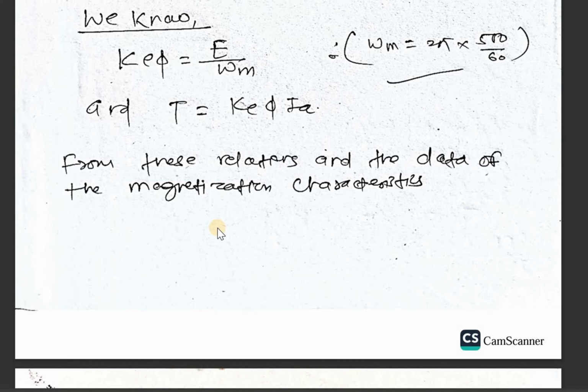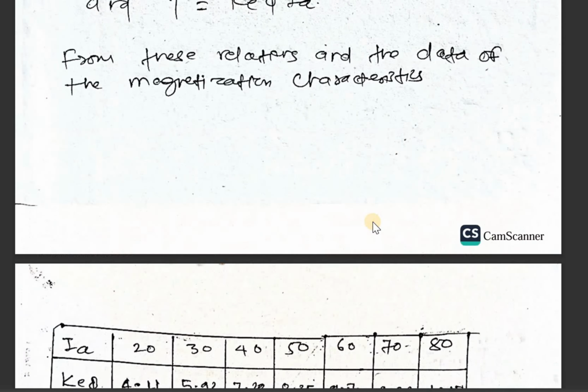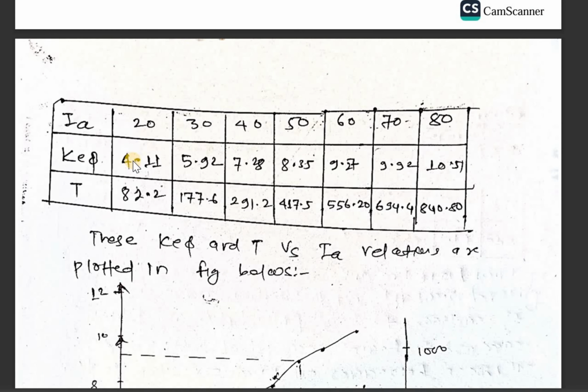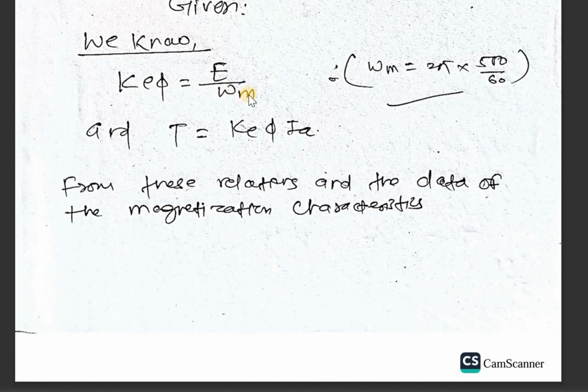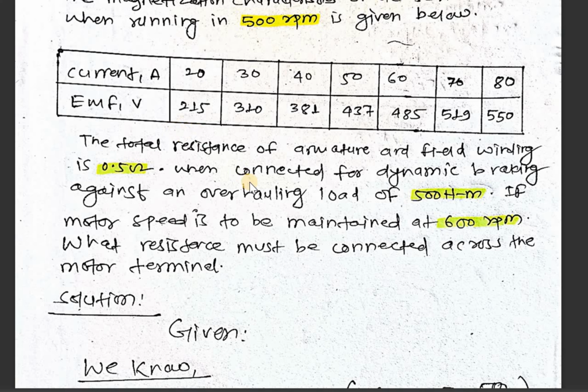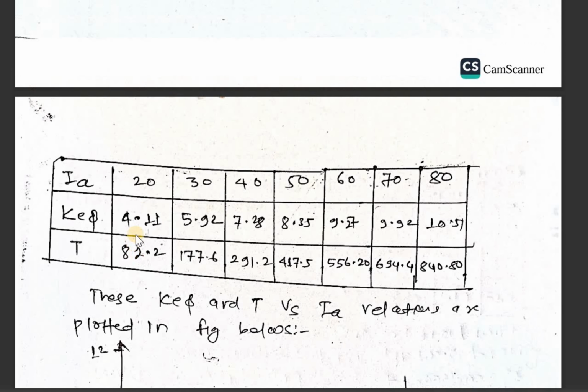This is Ia, we can write this value the same as it is. And Ke phi equal to E upon omega M.